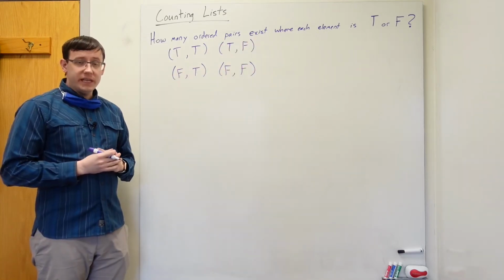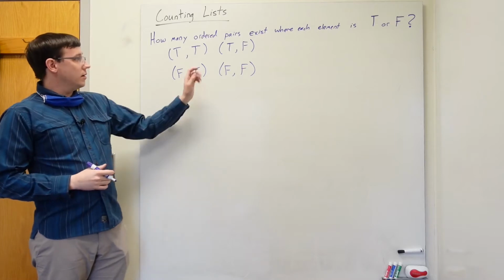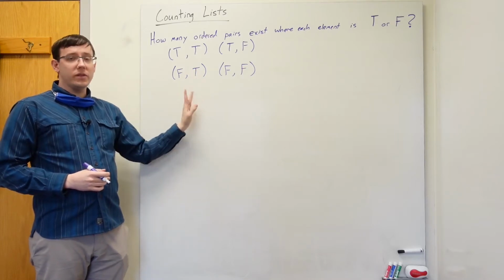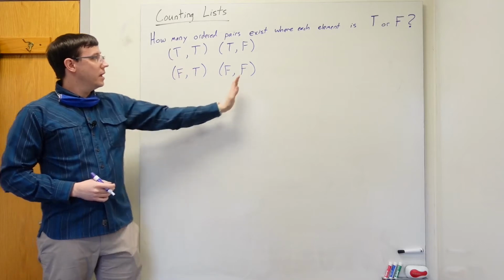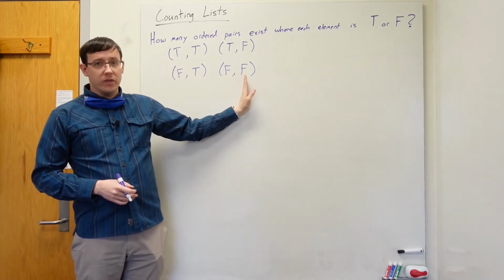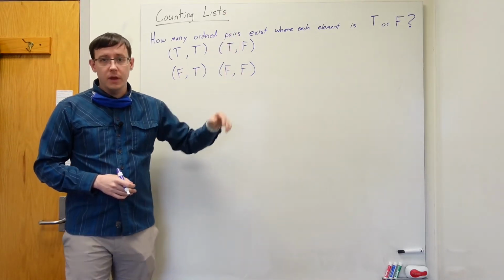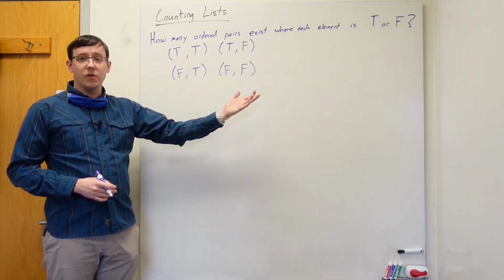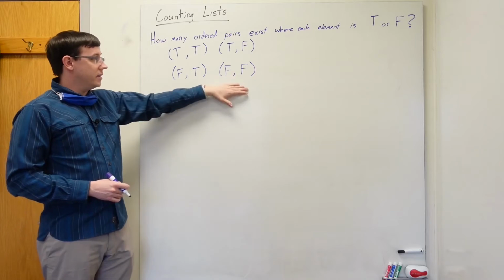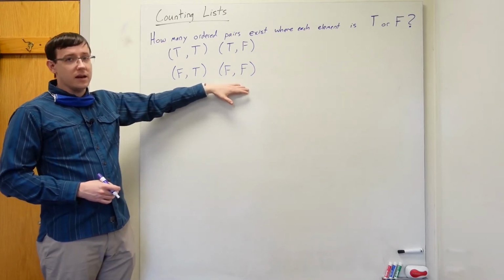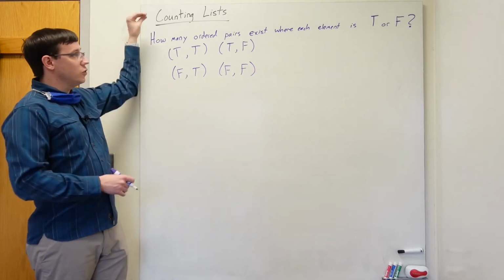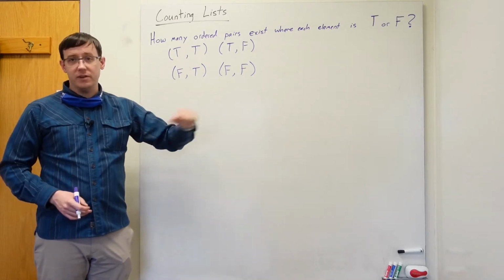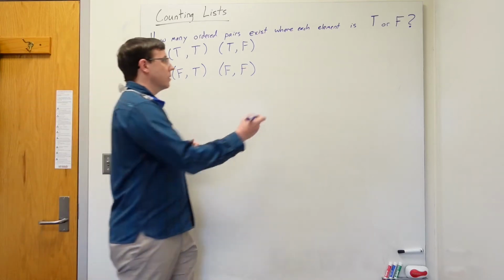And that naturally leads us to having all of the lists that end with T in one column and all of the lists that end with F in another column. And so here we have exhaustively written down all of the possible lists that contain only T and F. And so the answer to our question of how many of these lists do we have is 4.